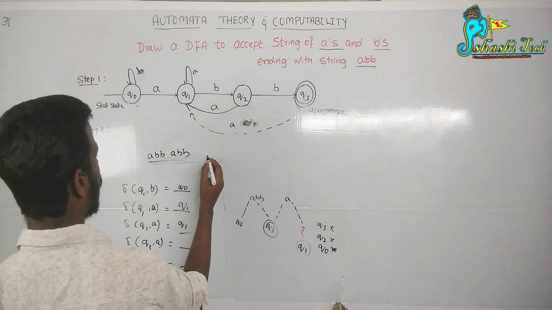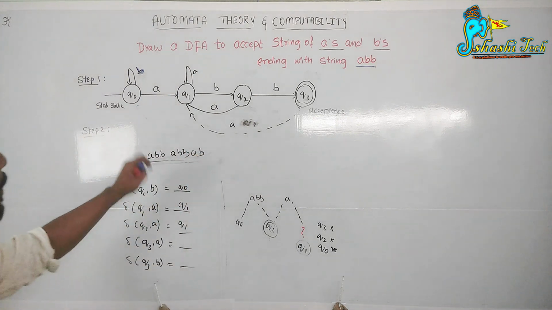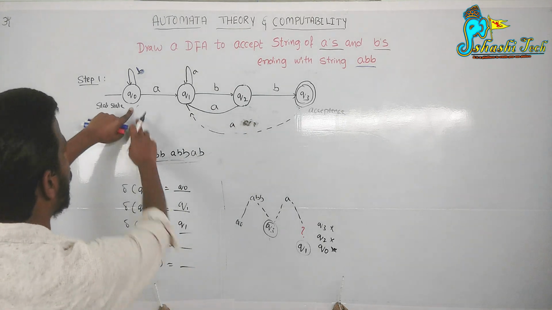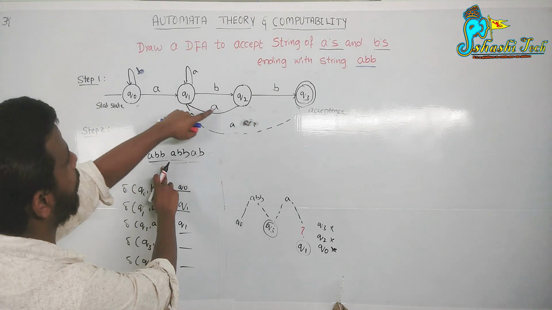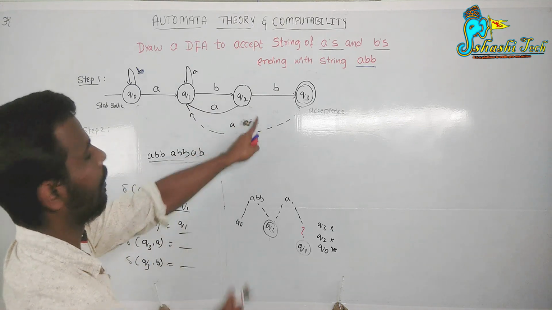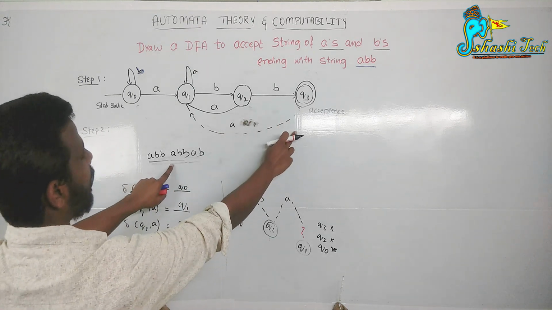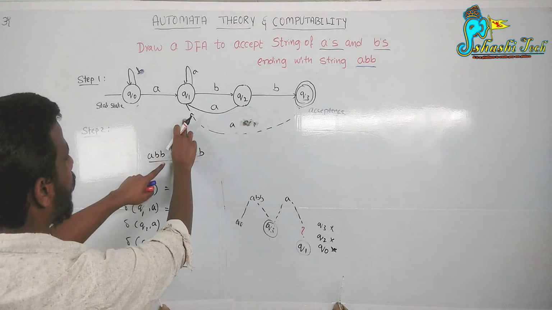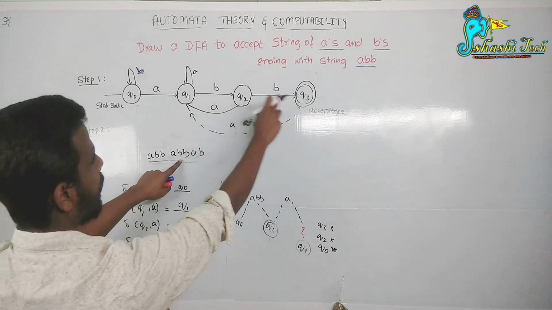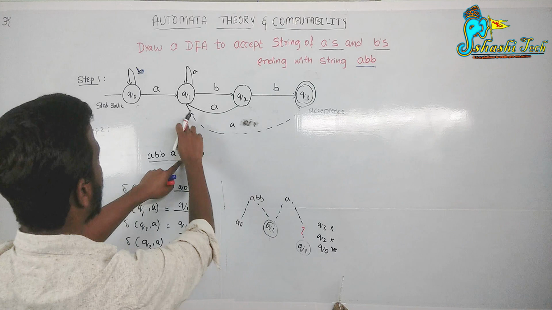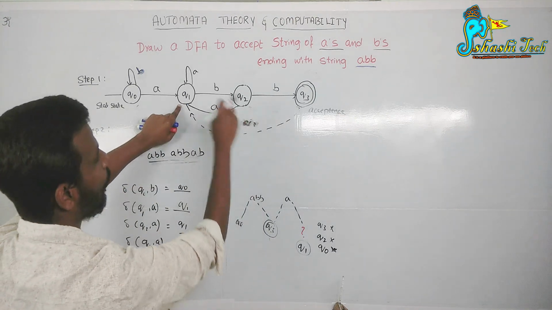Suppose we check one more string. I will write A, B here. Q0 upon accepting A, B, B, Q3, Q3 upon accepting A, Q1, Q1 upon accepting B, Q2, Q2 upon accepting B, Q3, Q3 upon accepting A, Q1, Q1 upon accepting B, Q2.